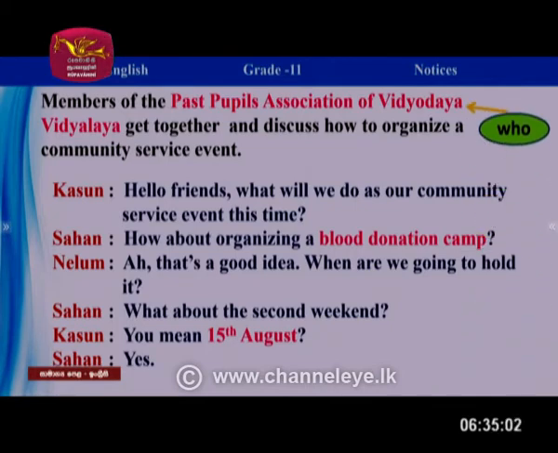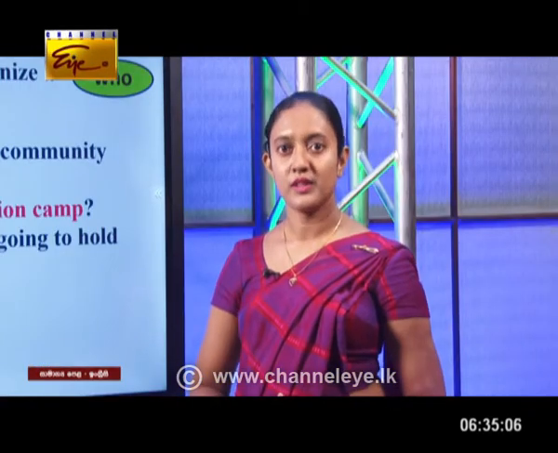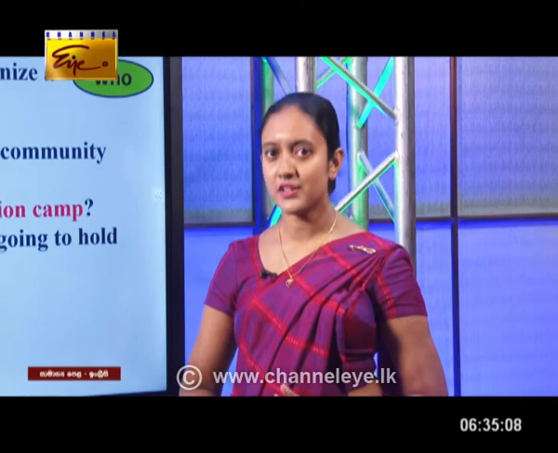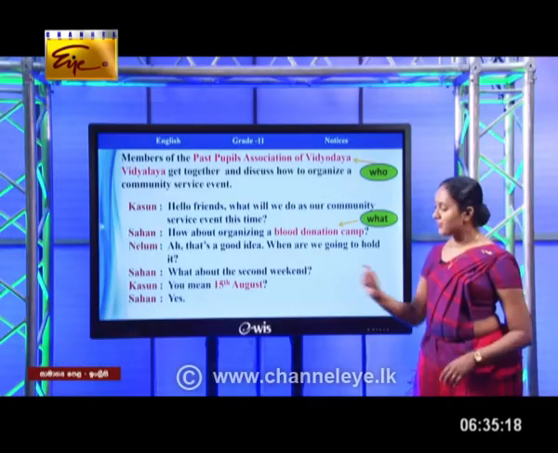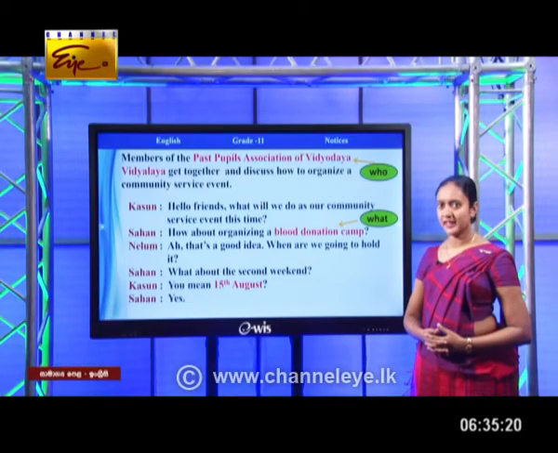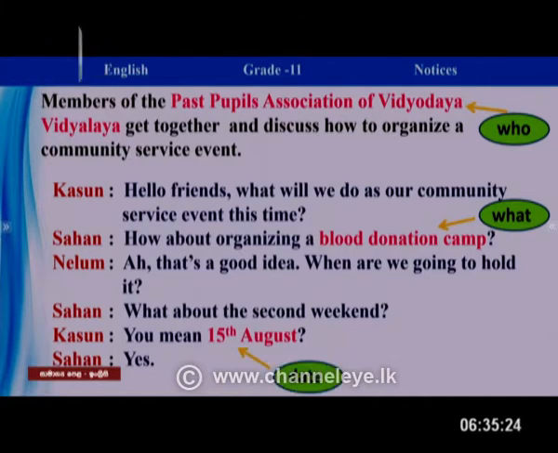And then the second phrase, blood donation camp. So, this is the event which is going to be held. What is going to be held? It is the blood donation camp. And then 15th August. So, what is that? Yes, you know that it is the date of the event.